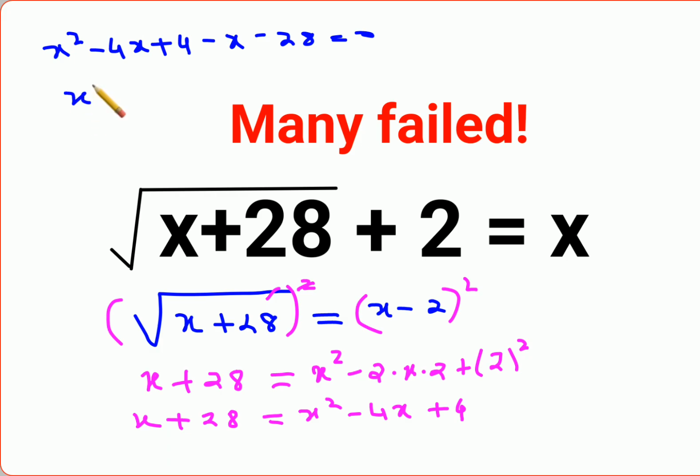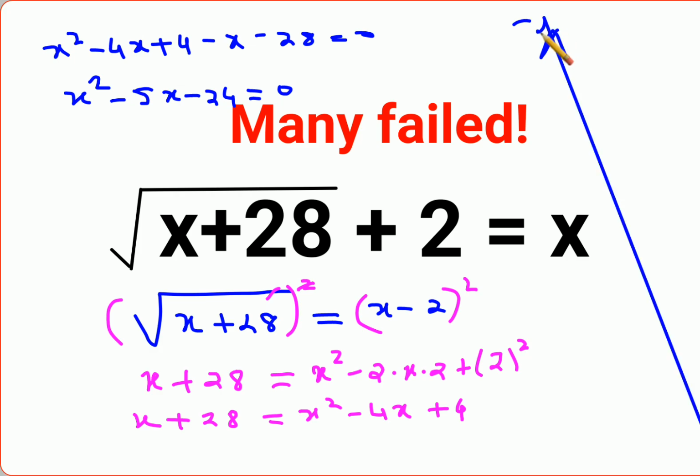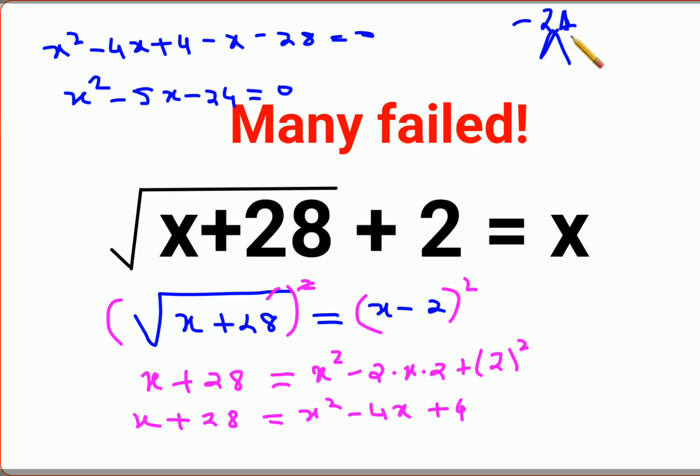So you have x square, minus 4x minus x gets you minus 5x, plus 4 minus 28, that gets you minus 24, equals 0. So you need to factorize your minus 24 in such a way that you get the value of minus 5.